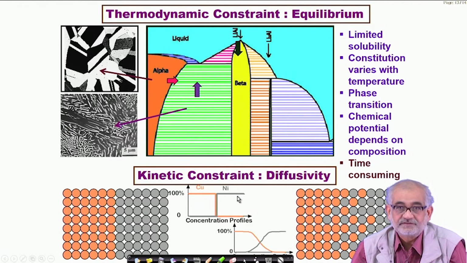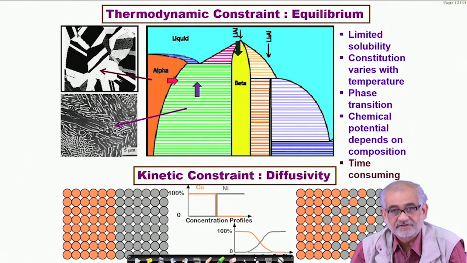There is another constraint we have to worry about when we talk of creating solids or obtaining solids of our desired shape and size, and that is kinetic constraint based on the rate at which the species move or transport in the solid, or maybe even in the liquid, and that is typically explained in terms of the diffusion coefficient or diffusivity.